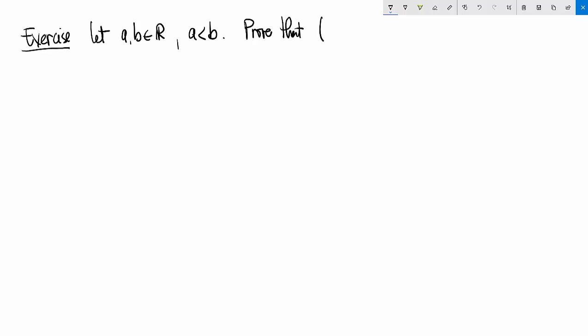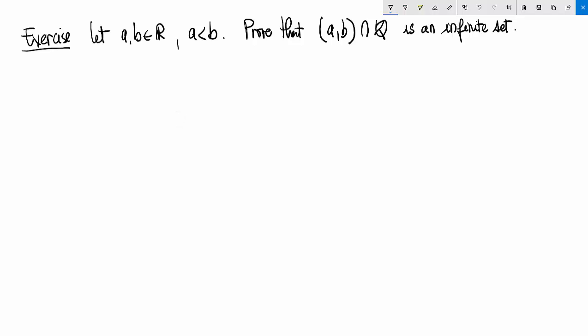All right, so here's another exercise. Let A and B be two real numbers such that A is less than B. We want to prove that the open interval A, B intersect Q is an infinite set.